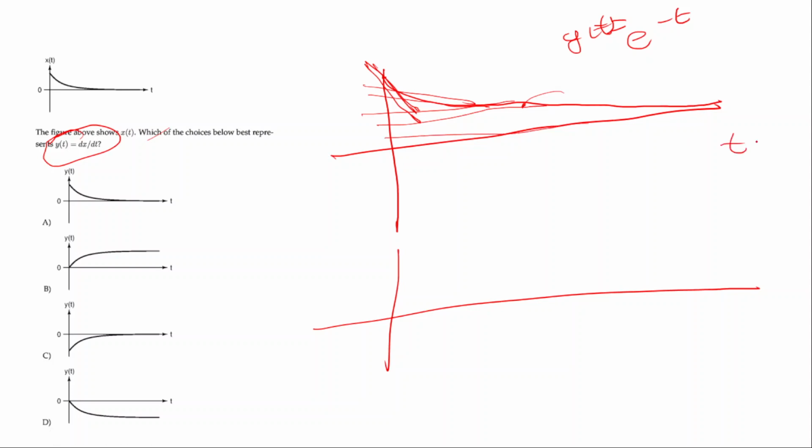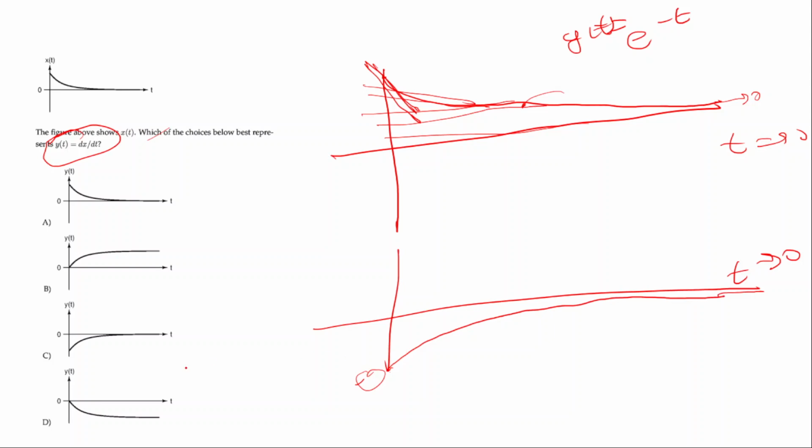At t tends to infinity, the slope will tend to 0, and at t equals to 0, the slope is negative. So this curve will be moving toward negative value and tending to 0.